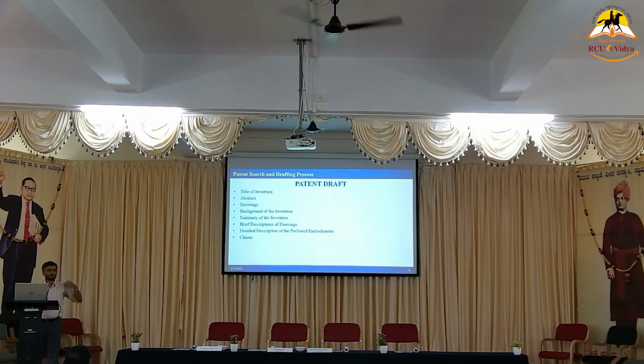Head is 1, body is 3, neck is 2. So 2, the neck, is connected to the head and to the body. Your hands are connected to the body. For example, hand is serial number 5. In brackets you put hand, connected to the body, which is serial number 3. So you need to give the connections in the brief description of the drawing.